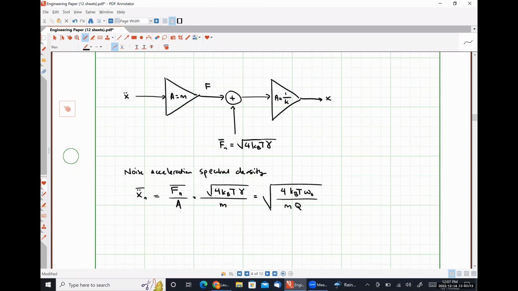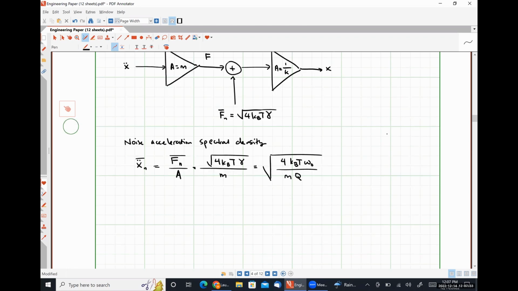So what this equation implies, to some extent, is that our noise can be lowered by raising our quality factor. But this is not entirely true. So let me explain what I mean by that. We look at measured noise at the output, okay?